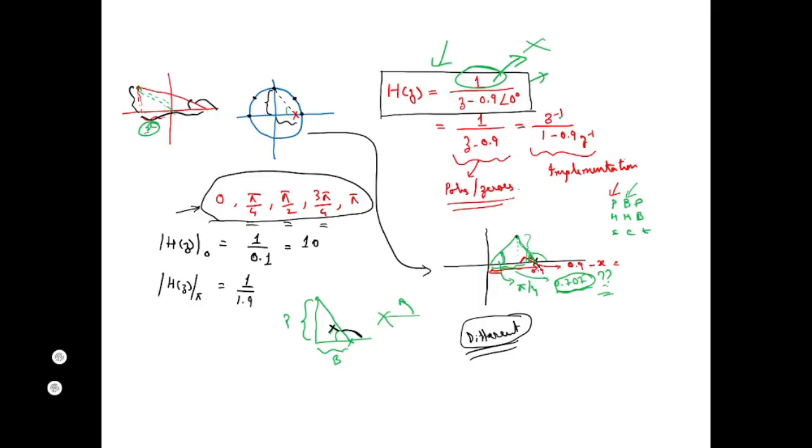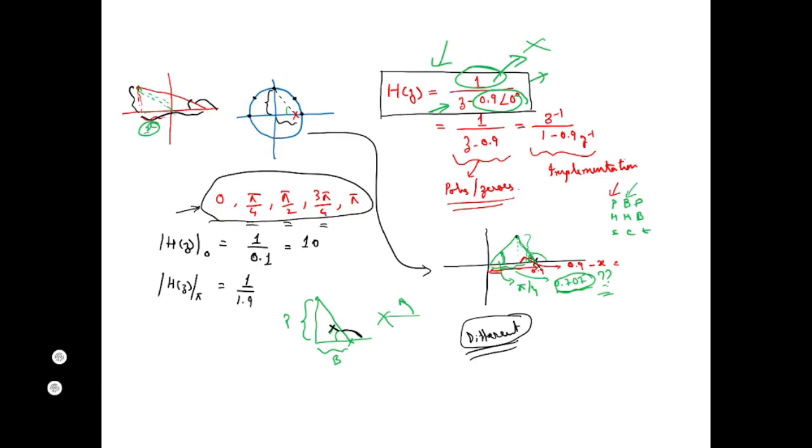In the denominator we have z minus 0.9 with a phase angle. This is the polar representation. The rectangular representation I may also put in the equation. I hope every one of you knows how to go from polar to rectangular representation and vice versa.